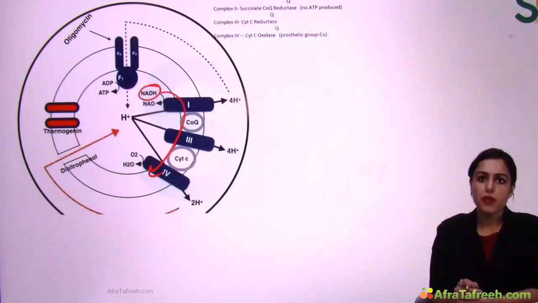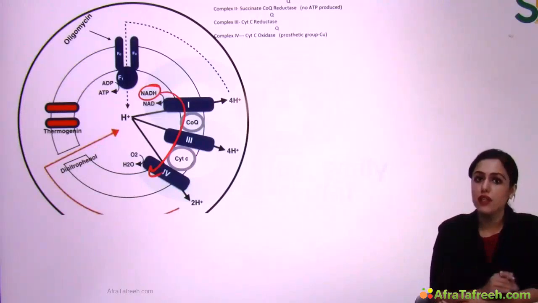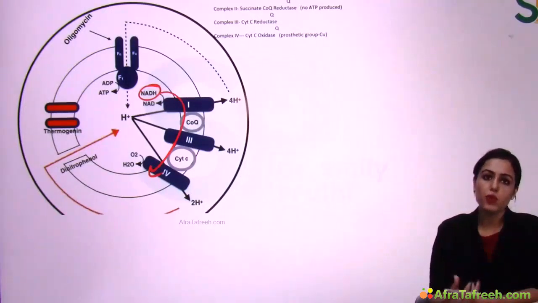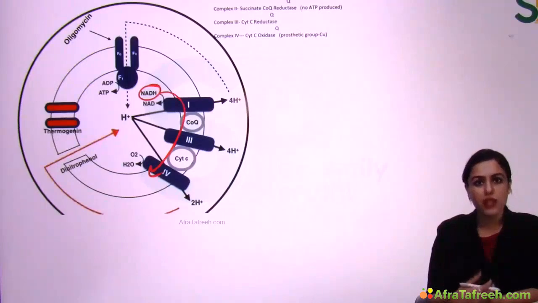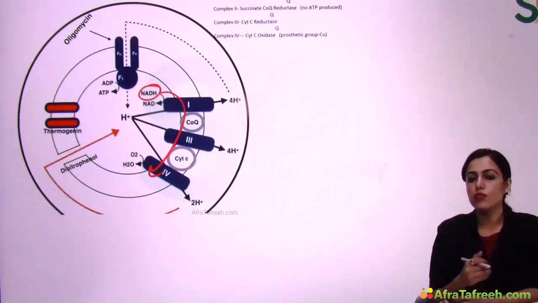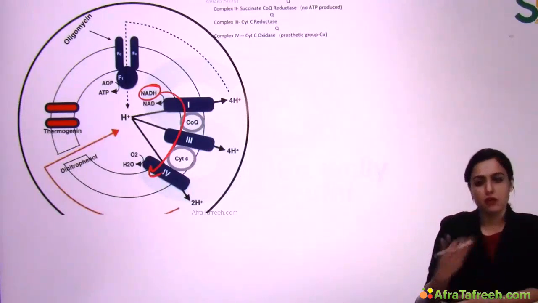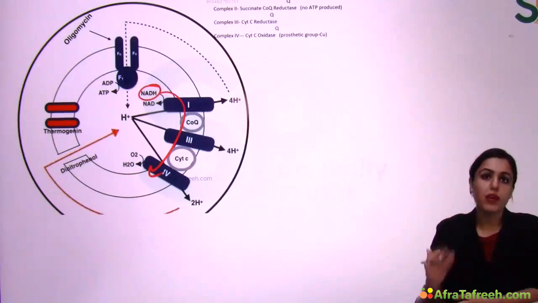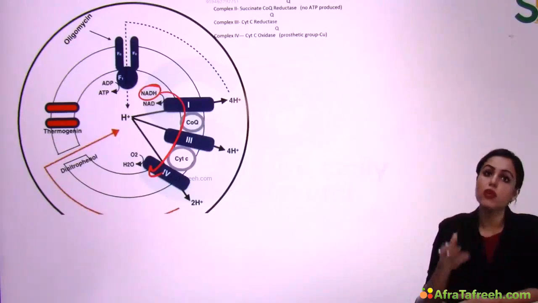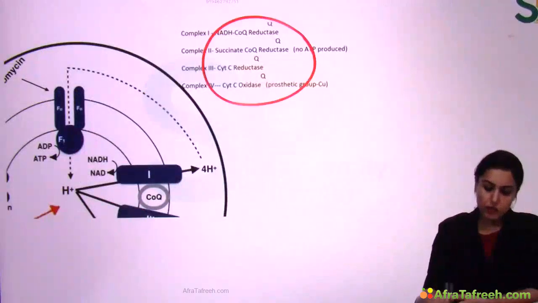In the intermembrane space, they have a high osmotic effect, and because of this osmotic effect, they have a high tendency to go back inside. These protons can only go back via the complex 5 rolling gate, and this rolling gate F0 subunit is attached to the F1 subunit. F1 can create ATP. It can convert ADP to ATP by using this energy which is coming from the mechanical energy of the rolling gate, right? Now we have to see the names of these complexes.